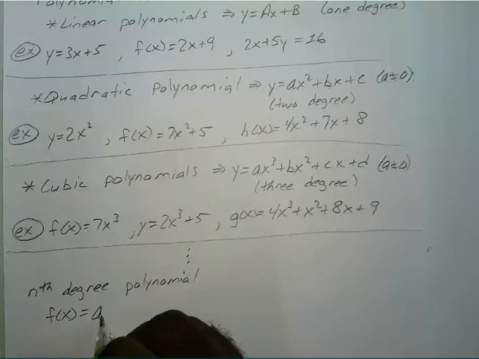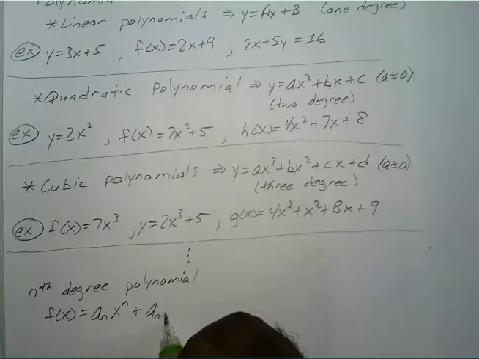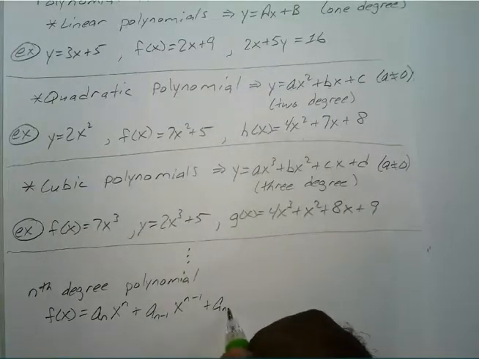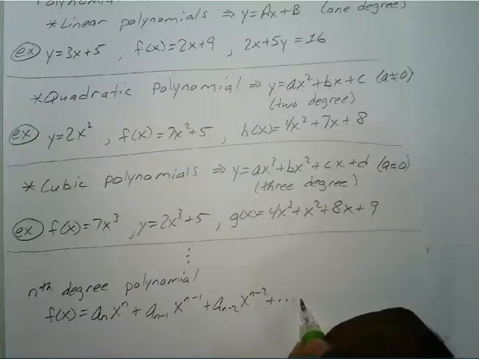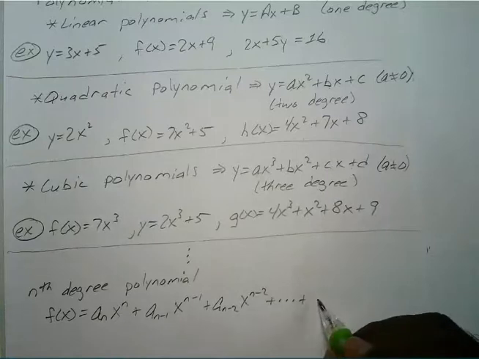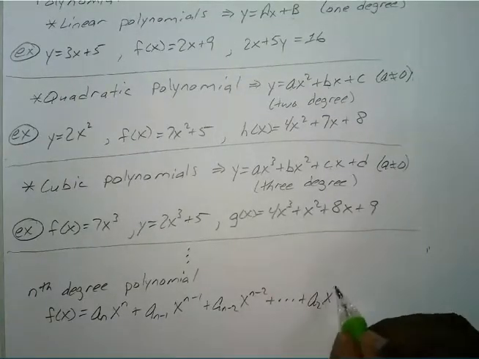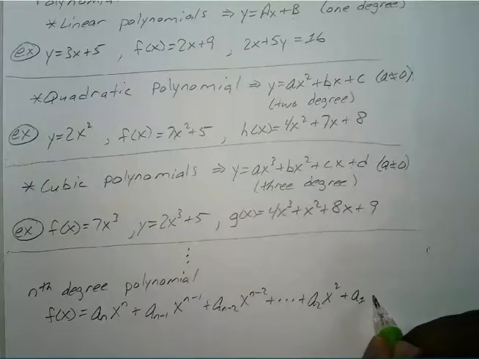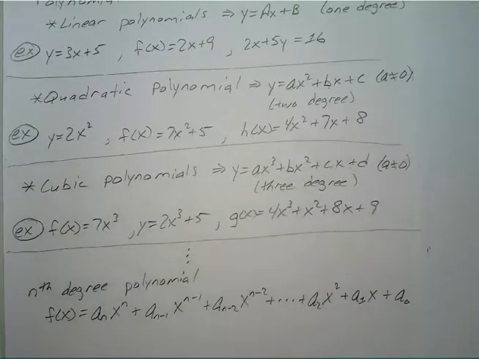Okay, so your first coefficient is a sub n times x to the nth power plus a sub n minus 1 times x to the n minus 1 plus a sub n minus 2 times x to the n minus 2, and it keeps on going until eventually you get to your second coefficient times x squared. Then we get to the coefficient of your x term, and then you get to your constant.